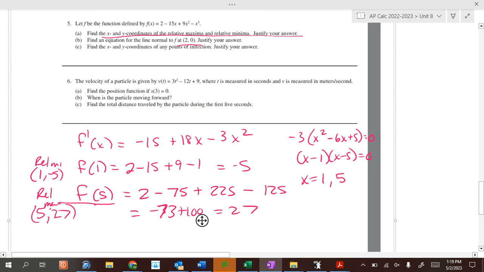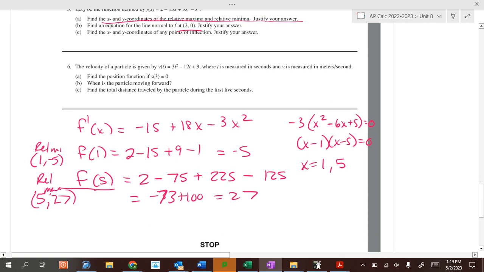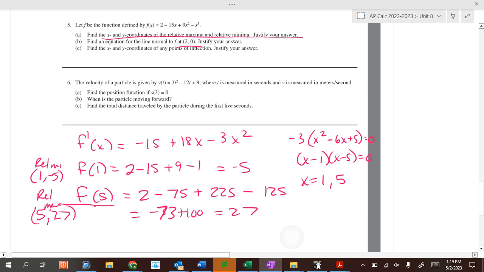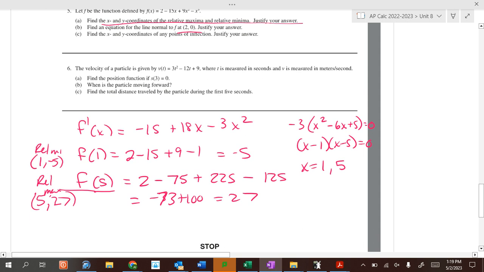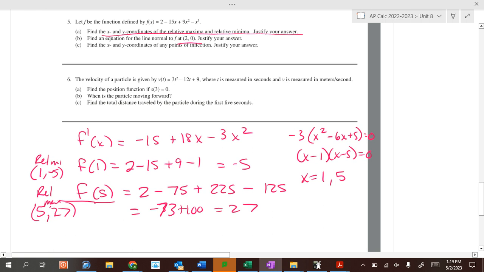The equation of the line normal there. So the line normal is the perpendicular line to the tangent line at 2, 0. So you have to figure out the slope at 2, 0.